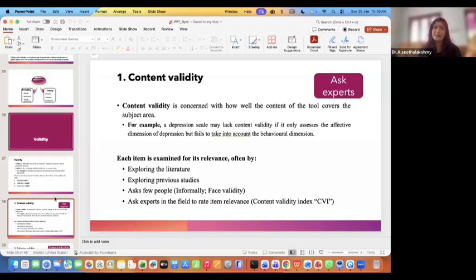If she gives me that, ma'am, I have put 30 questions in this questionnaire, can you evaluate each question? How will I evaluate? I will tell her, ma'am, if it is very good, give a 5 point. If it is very bad, give a 1 point. A rating scale she has to give me.